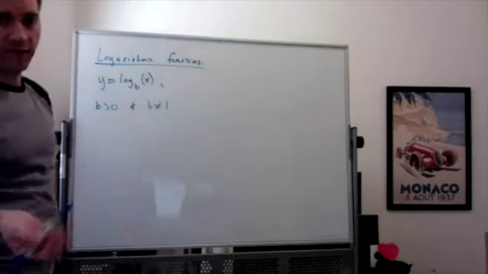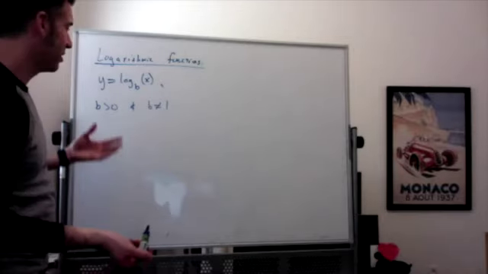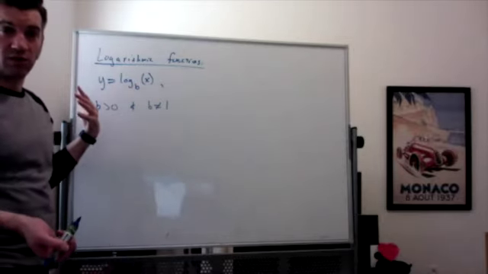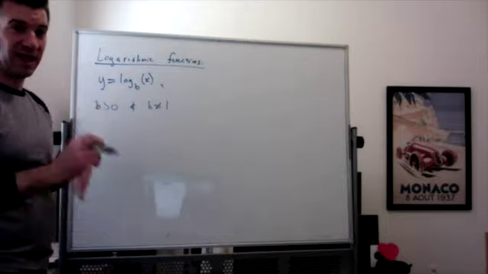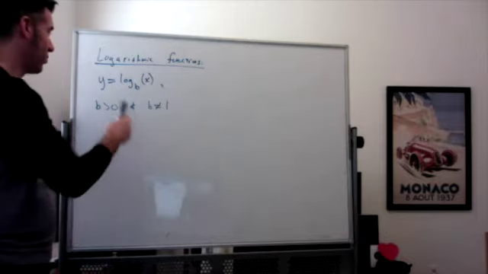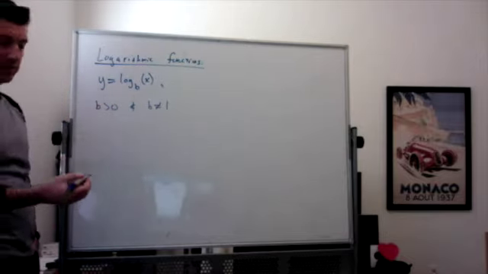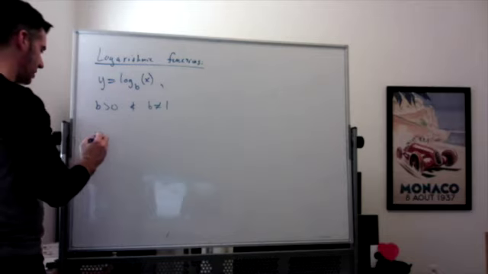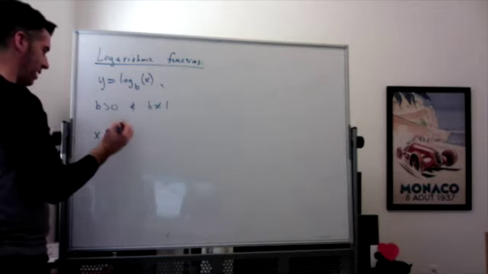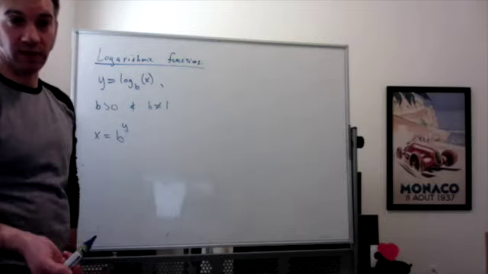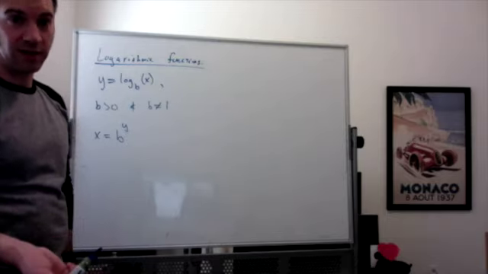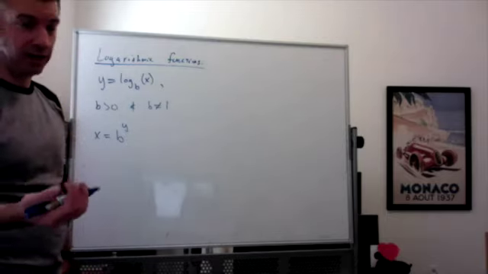And I really want to remind everybody, this really is an exponential graph, except the x and y are switched. If you rewrote this equation as an exponential, it would be x equal to b to the y instead of y equal to b to the x. So what you're really doing is interchanging the x and y values.